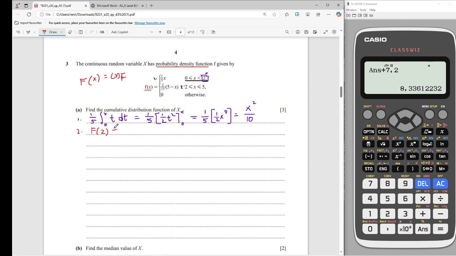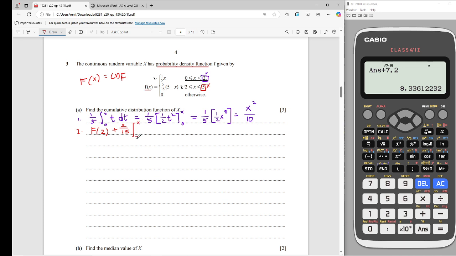So F of 2 plus, now we need to integrate this formula right here. To integrate that formula, we can factorize our 2 by 15 outside. So 2 by 15 goes out. Let's integrate. Upper limit is going to be replaced by x just as the previous one. Our lower limit, however, will not be replaced.